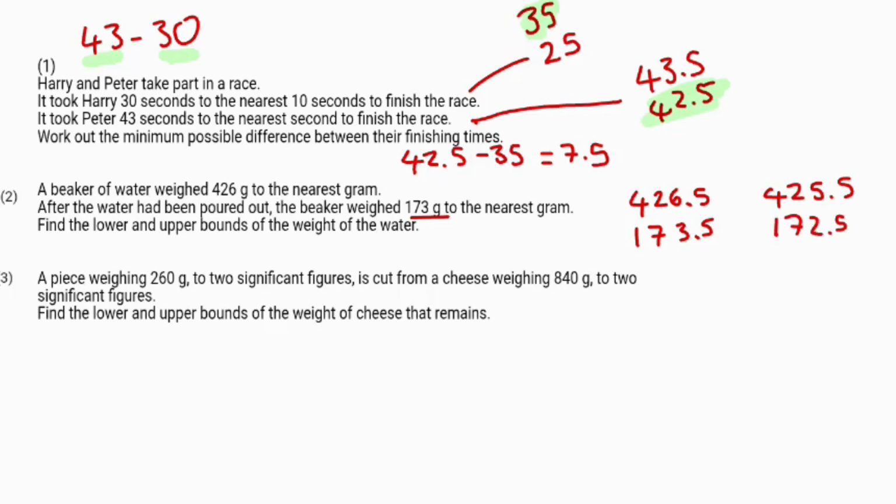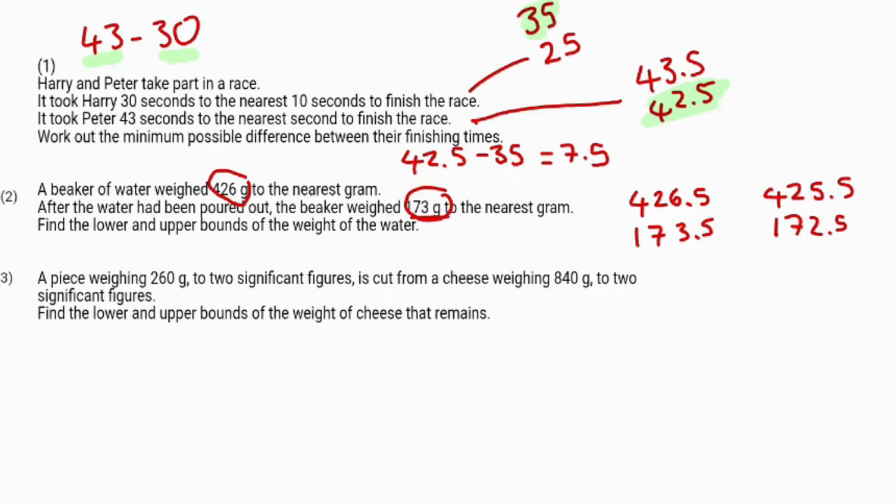We want upper bound and lower bounds for the weight of the water. Okay, so to get the weight of the water, if we were just going to find the weight of the water from the question without upper bounds and lower bounds, it'd be 426 take away 173, wouldn't it?